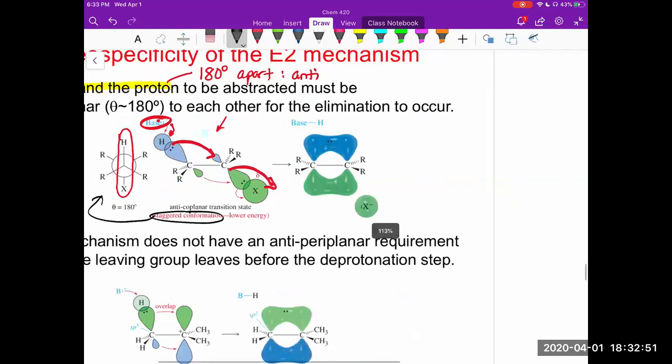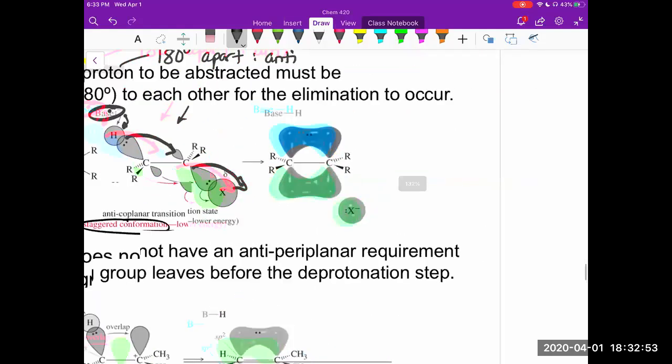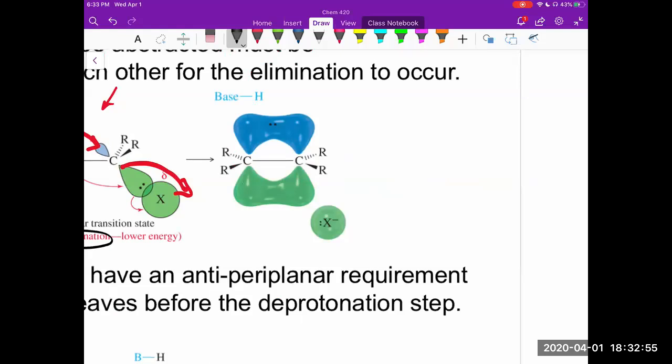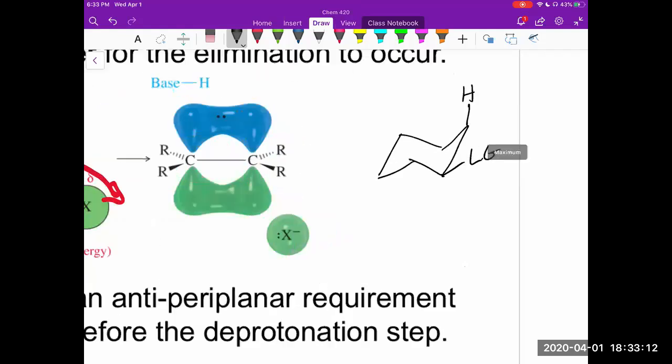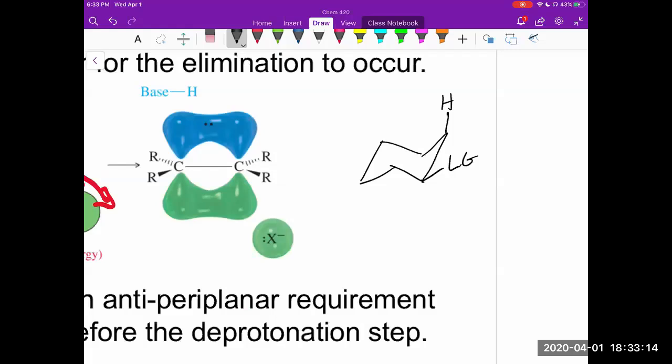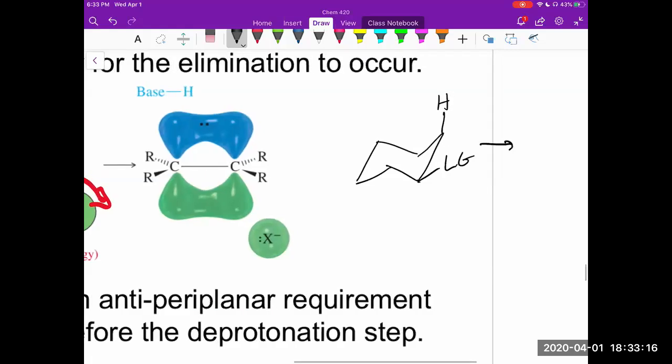Let's say I had a cyclohexane, and I had my H, which is up like that, and I have my leaving group like that. They aren't 180. If I do a chair flip, let's do a chair flip and see if maybe they'll be 180 in my chair flip.